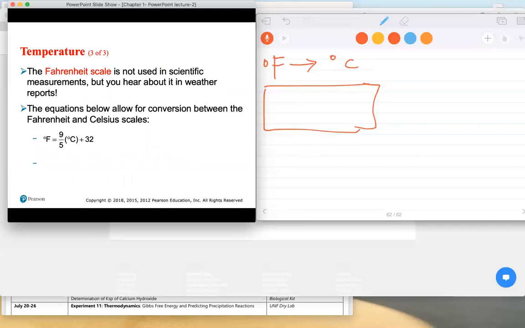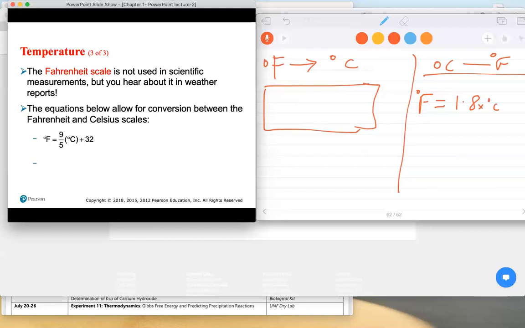Here, 9 over 5 is the same as 1.8. That means degrees Fahrenheit equals 1.8 times degrees Celsius.